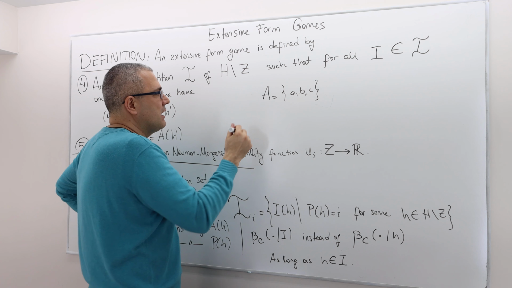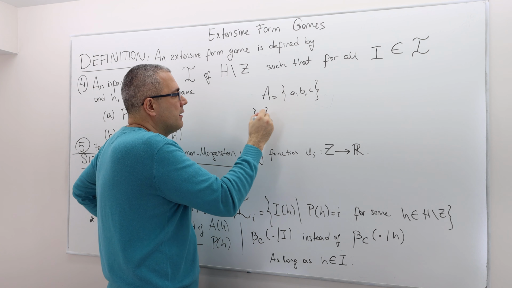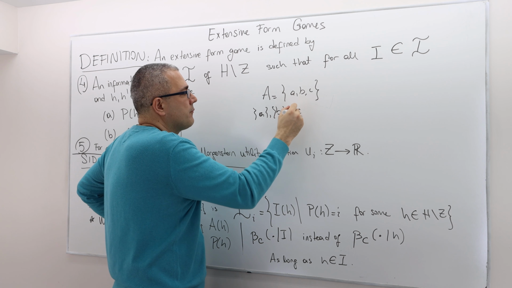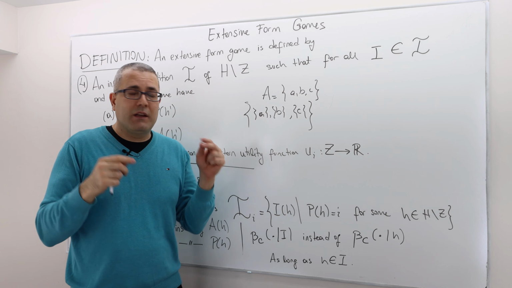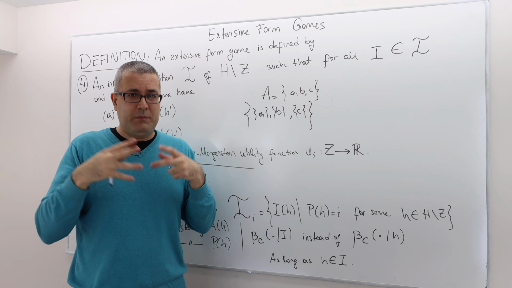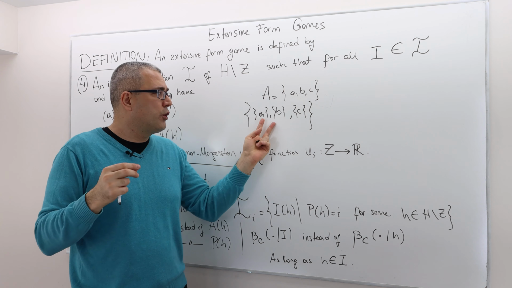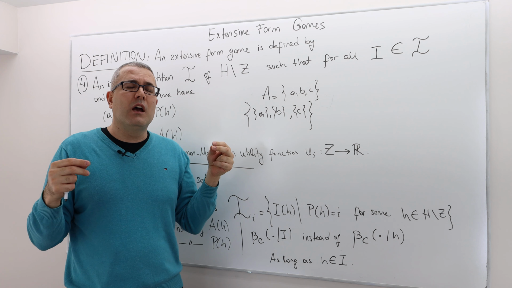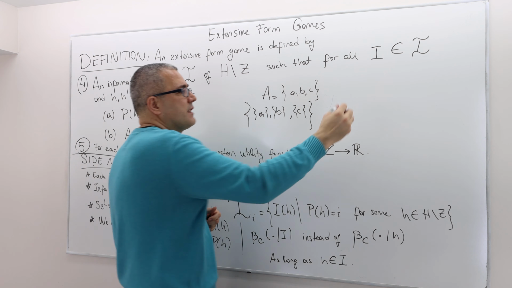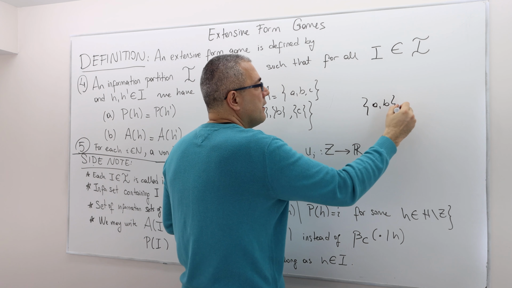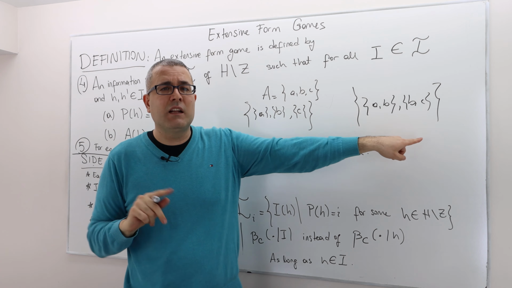So, for example, one partition of A is the following: {A}, {B}, {C}. The elements of this partition must be sets, first off, and no two elements in this partition can have a non-empty intersection. For example, {A, B} and {B, C} is not a partition.